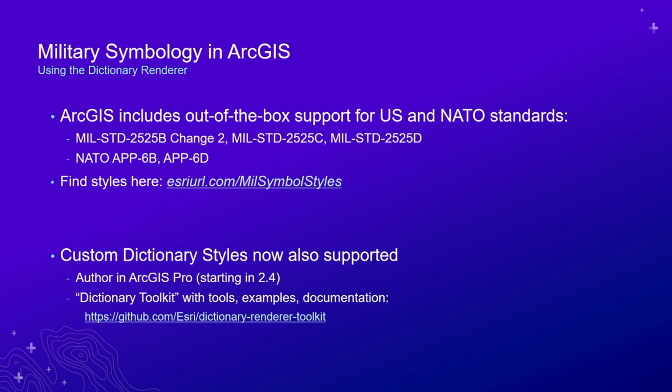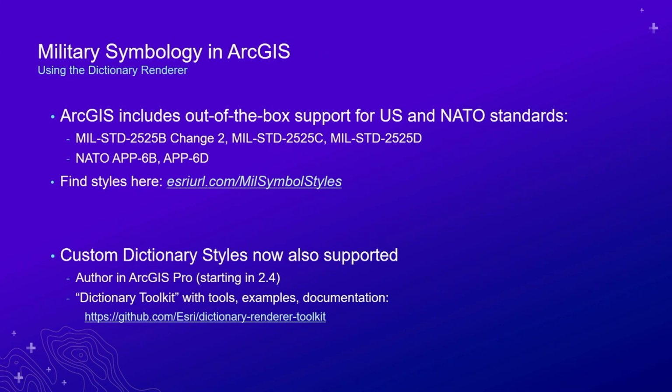The other thing I wanted to mention is that we now do also officially support customizing dictionary styles. So many of you maybe want to use a US or NATO standard, but you want to add some additional symbols to them, or maybe modify them or tweak them a little bit. We now allow you to do that, and we have some tools to help you. You do this in ArcGIS Pro, and we have a dictionary toolkit that provides lots of tools and examples and some really nice documented workflows for doing this.